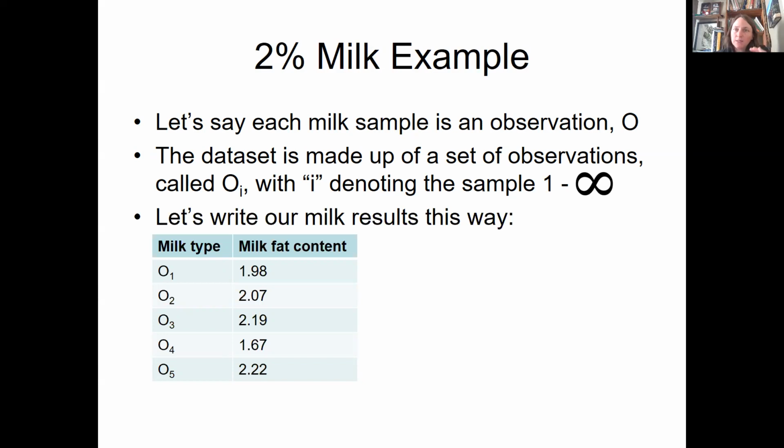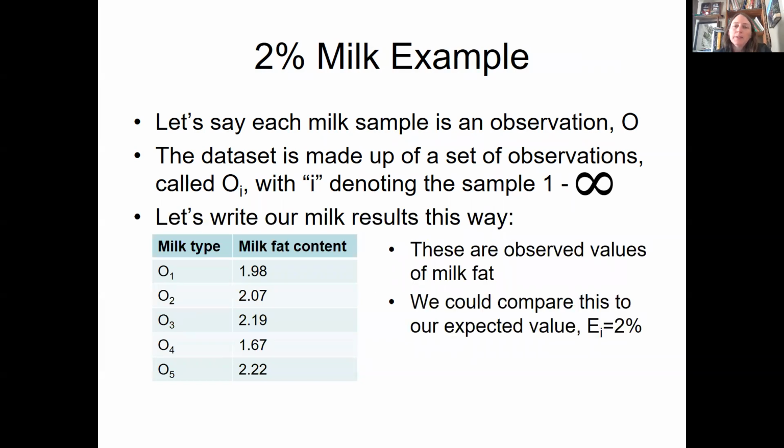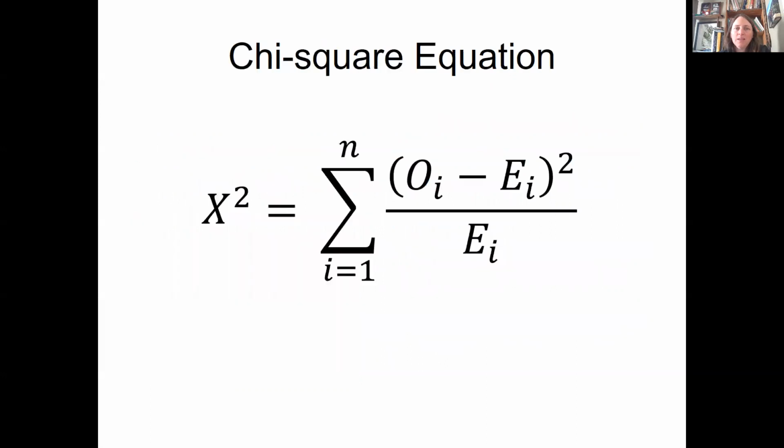Each of those O's is an observation of the milk fat content, and the little I is a number between 1 and 5. We could compare each of these O's to an expected value, E sub I, which would always be 2.0. So keep in mind, we've got O sub I's and we've got E sub I's. Those are going to come into play in the calculation coming up next.